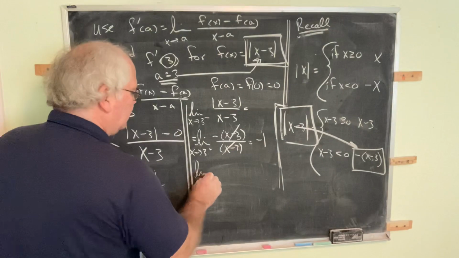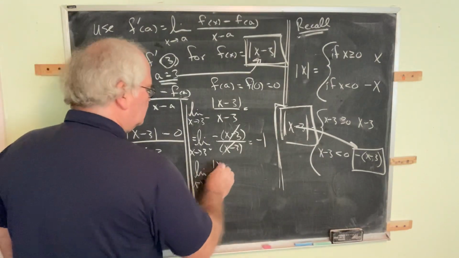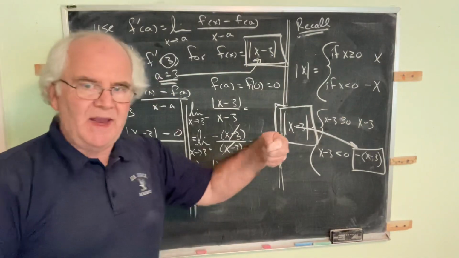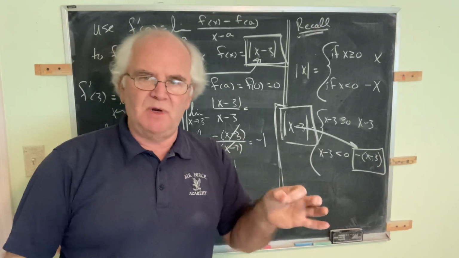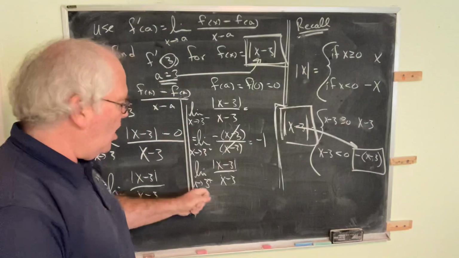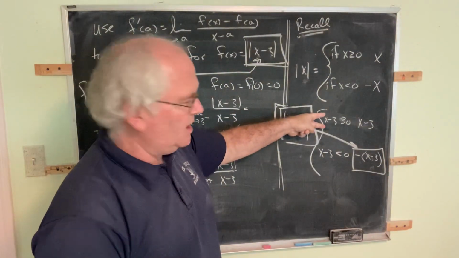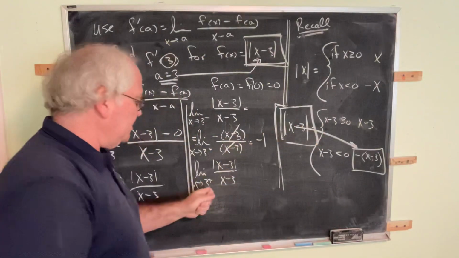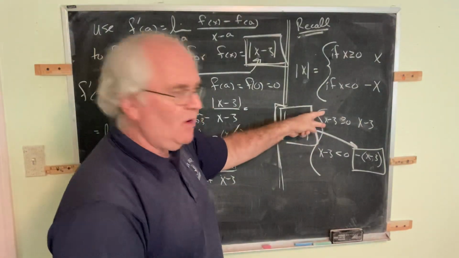Then you also check the limit from the right. As you approach 3 from the right, you're talking about numbers like 3.1, 3.001, 3.0001. For all those numbers, 3.1 minus 3 is bigger than 0, 3.001 minus 3 is bigger than 0. For all the numbers in this limit approach, you're in category 1.